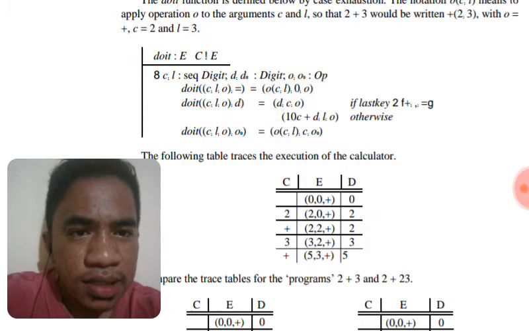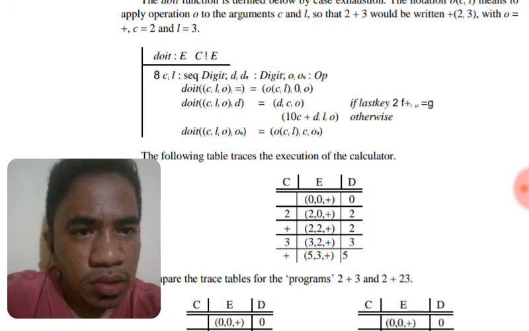Do it AC1 set digit D digit OP. Do it CLO OCL 0O.